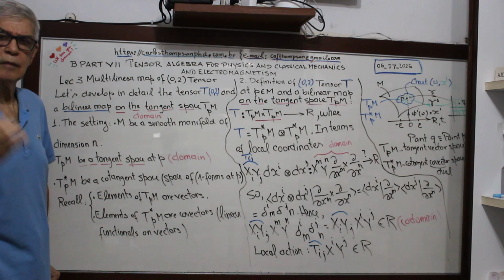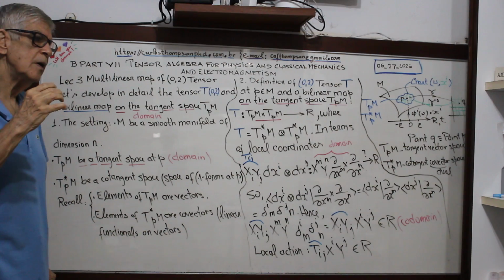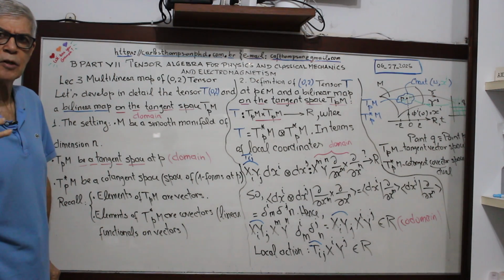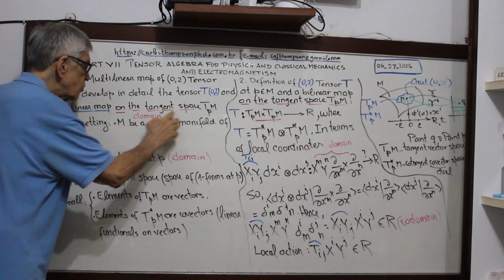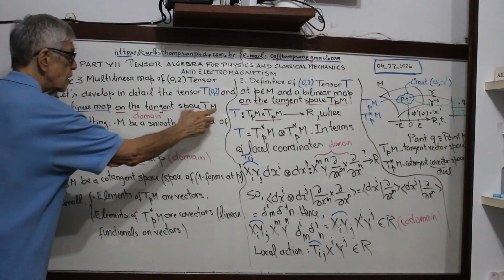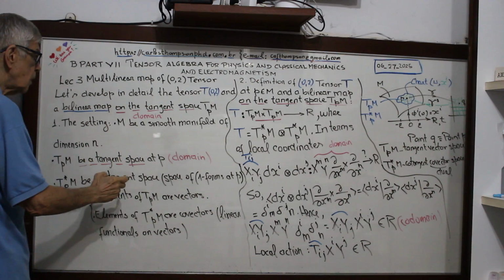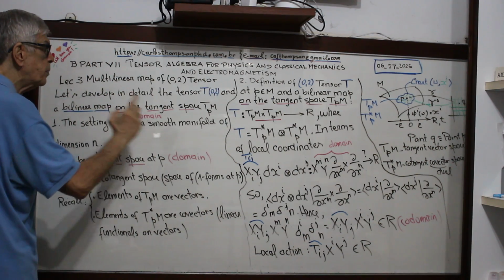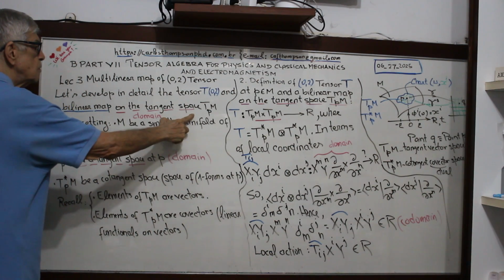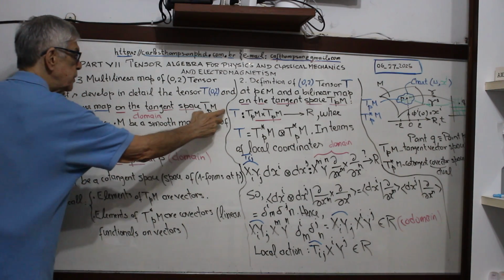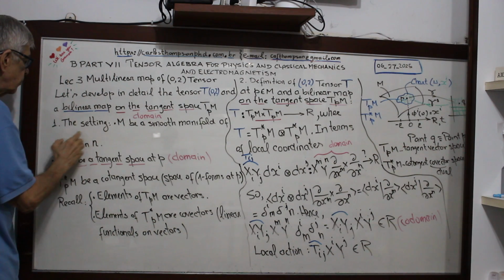X is the domain, and y is the image or the codomain. So this red one is the domain, the tangent space. The bilinear map acts on this domain here, which is TPM, the blue one.